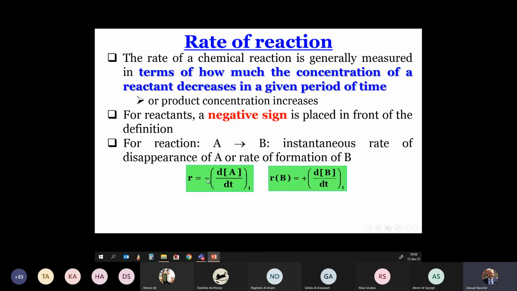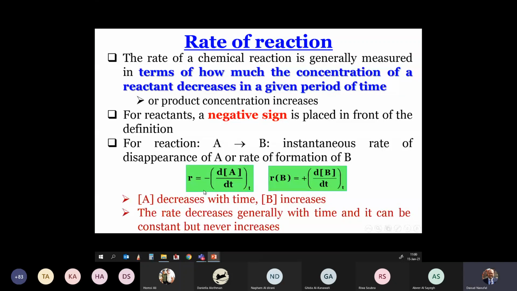So pay attention, the negative sign is in the formula of the rate, but the value of the rate is always positive. We could not have a negative value for the rate of disappearance. When the reaction proceeds, the concentration of A decreases with time, that of B increases with time.